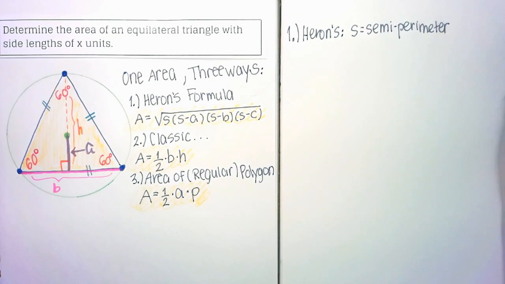Alright, so we have one area of the equilateral triangle, and I'm going to find it for you in 3 different ways. So one area, 3 ways. We have Heron's formula, classic 1/2 base times height, and we can even look at it as area of a regular polygon.